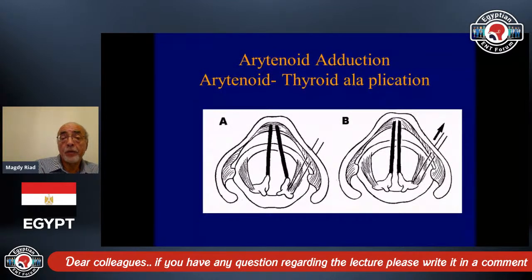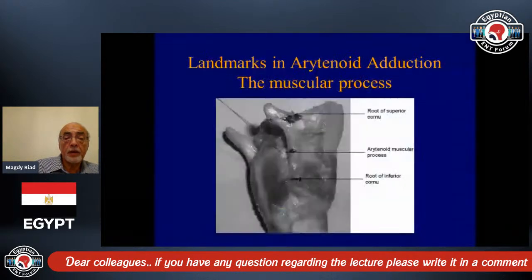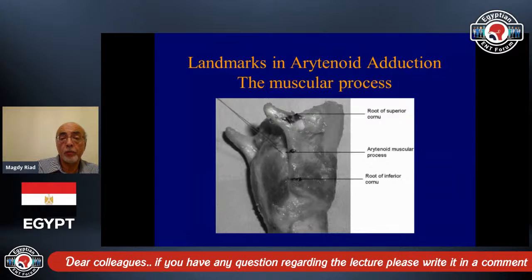Now, how to get to the muscular process of the arytenoid is fiddly, because you get from the outside and pass through certain structures. It's a bit fiddly, this type of operation. The landmark is this: the muscular process is where the posterior cricoarytenoid and the lateral cricoarytenoid come end to end. You can make a small window in the thyroid ala, at or around the level of the vocal fold, and try to find your way to identify the muscular process.